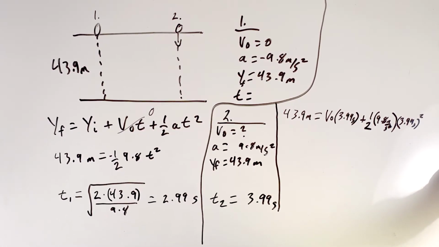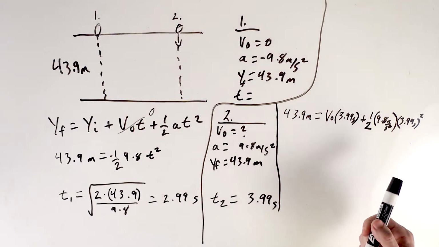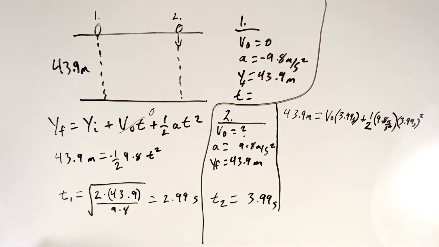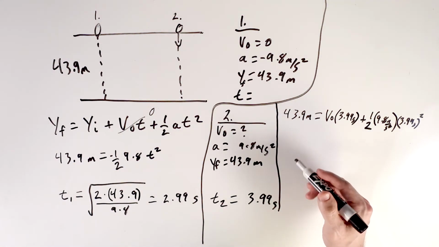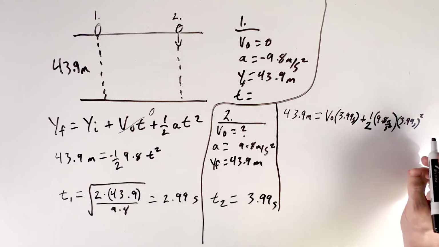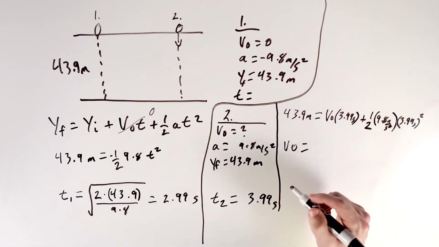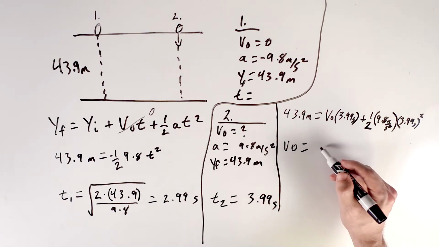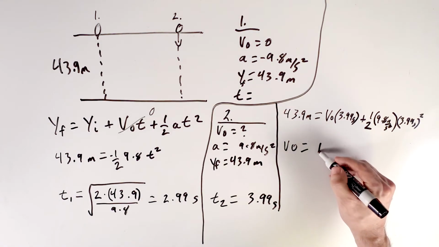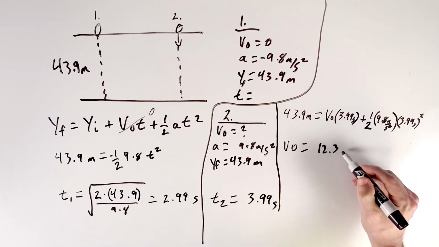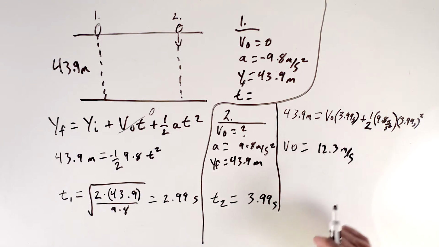So then we put this into the calculator. Again, we do all the algebra. We rearrange this to equal v naught, and then you just put it in the calculator, and then your initial velocity should be, it's again the negatives, but you're going to get 12.3 meters per second, if I can do that correctly.